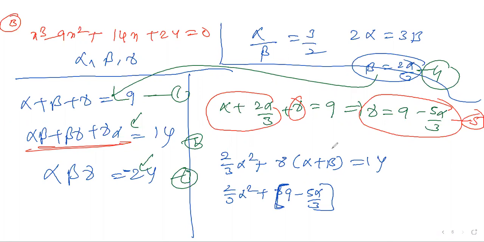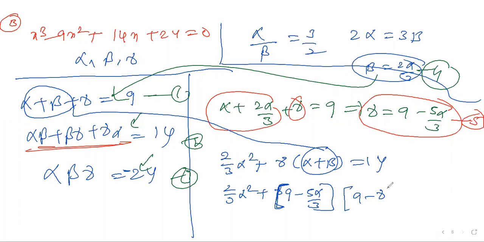Plus alpha plus beta. How much? Can I write alpha plus beta is equal to 9 minus gamma? Other way also you can write 9 minus gamma.